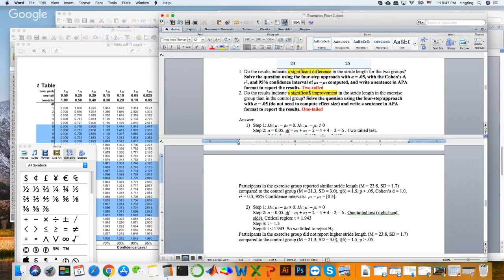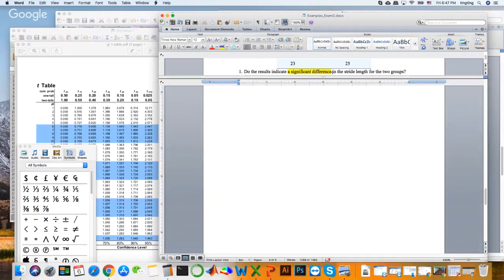Because our question is whether or not there's a significant improvement, and now my answer is there's no significant improvement. Did not show significant improvement. It's very easy. So we finished this question.